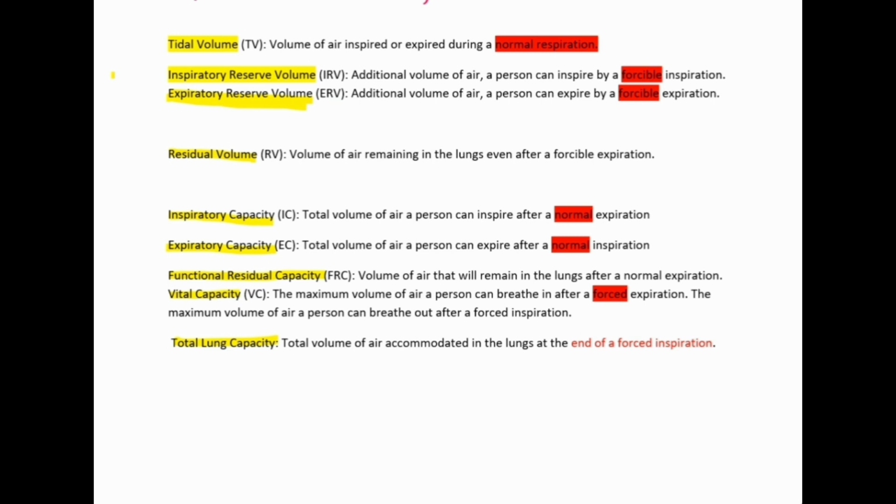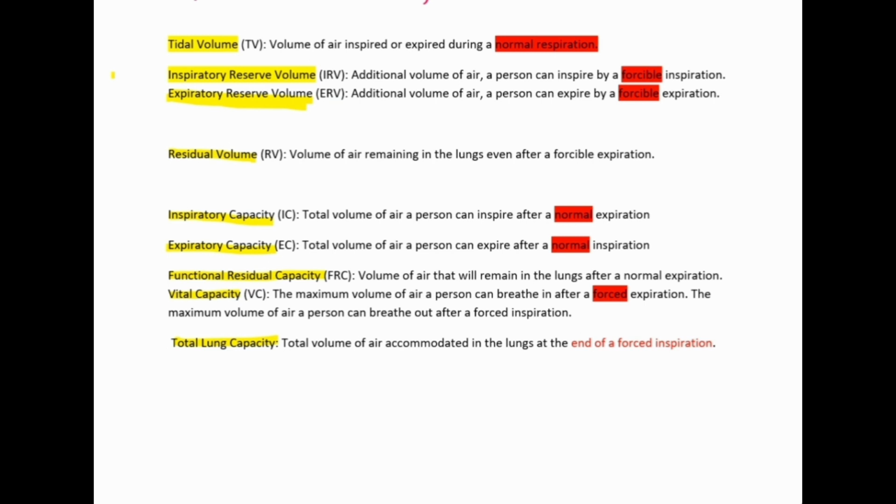Or in other words, it is the maximum volume that we can expire after a forceful inspiration. So if the term forceful is present, then we are talking about vital capacity. Understood? Whereas if we are talking about normal inspiration, we are talking about expiratory capacity. If it is after a normal expiration, we are talking about inspiratory capacity. Are you able to understand?